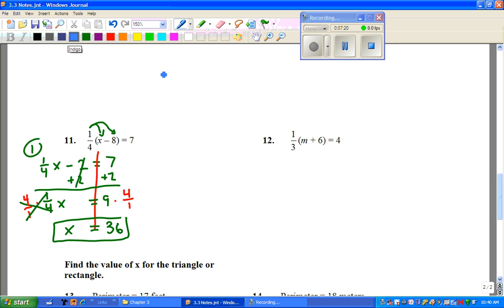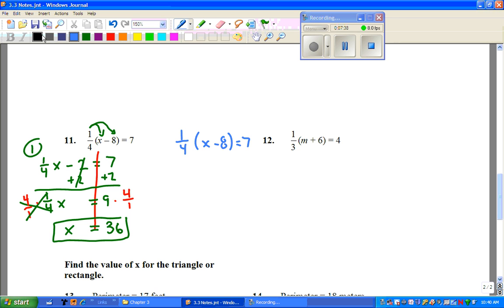Okay? Another way to do this problem, which I actually like to do myself, is you have x minus 8, and then you have equals 7. I don't like to distribute the 1/4 in there because sometimes it turns out to be a real messy number.